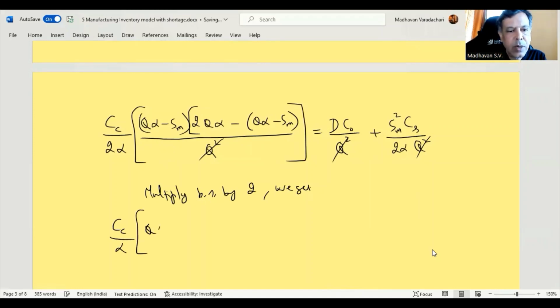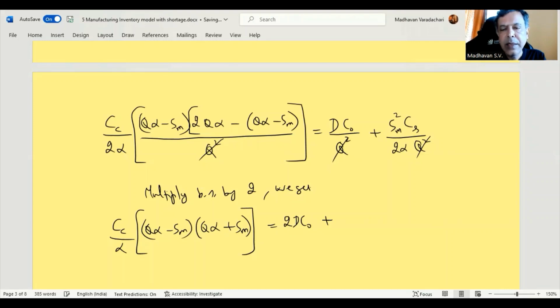Here Q alpha minus Sm, and then this one 2Q alpha minus Q alpha will become Q alpha, minus or minus Sm becomes plus Sm, is equal to, since we are multiplying by 2, you will have 2 dCO here, plus here 2 in the denominator will be knocked off with this 2, whatever we are multiplying. So you will simply have Sm square Cs by alpha.